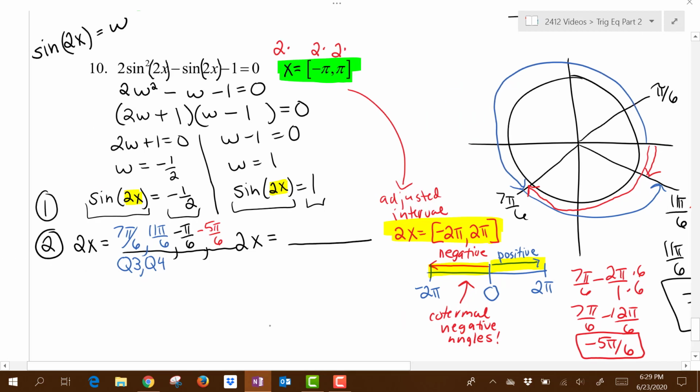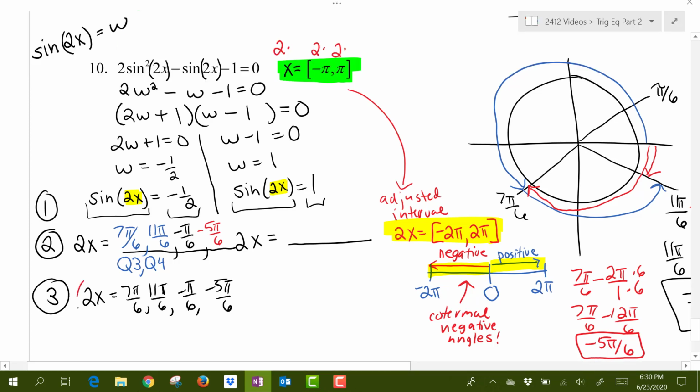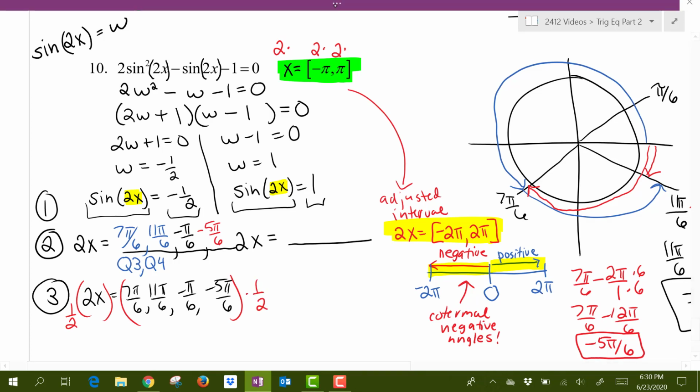Alright, now step 3 for this is to take all of those solutions that you found in step 2 and we want to multiply by the reciprocal of 2. So I'm going to multiply both sides by 1/2. So here we are solving for x.